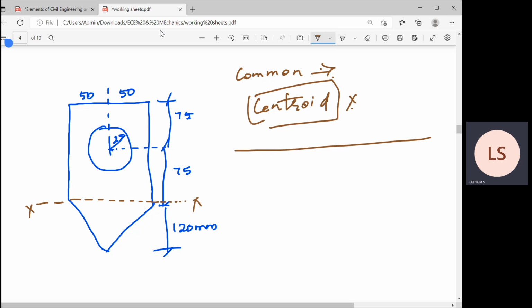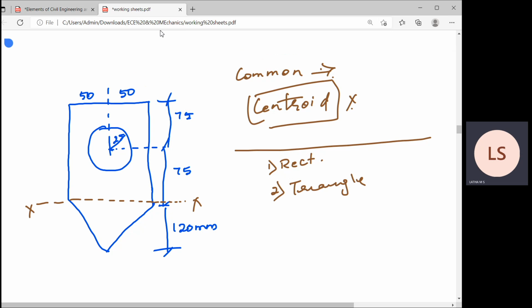There are three components which can be seen here: a rectangle, a triangle, and a circle. So to get the moment of inertia of this lamina, I should add the rectangle and triangle and subtract the circle, because this is the area I'm looking for.